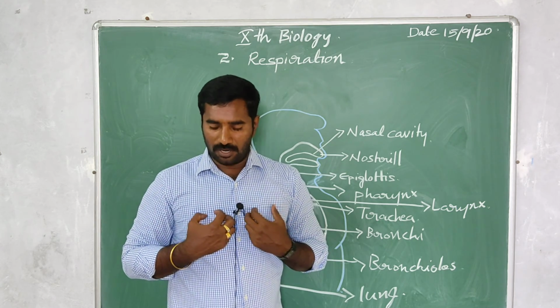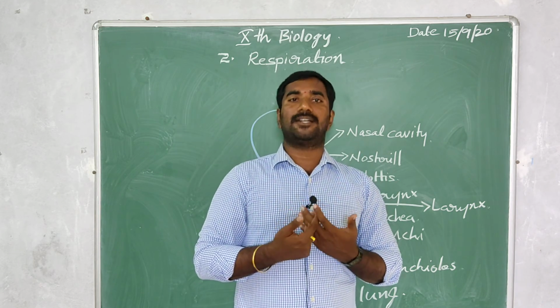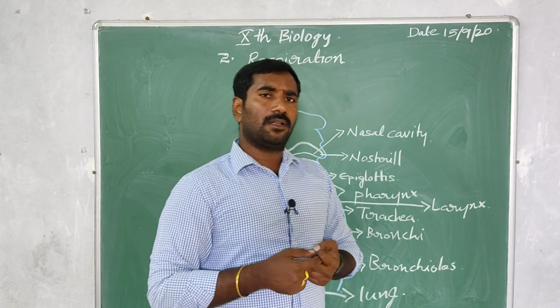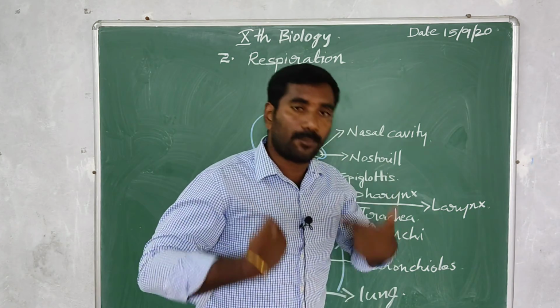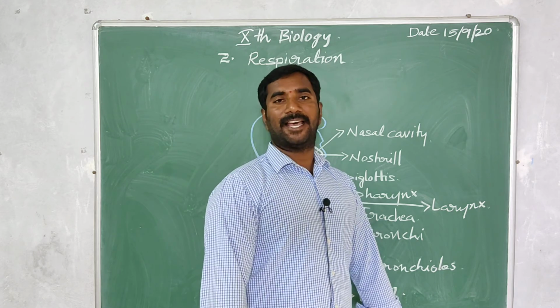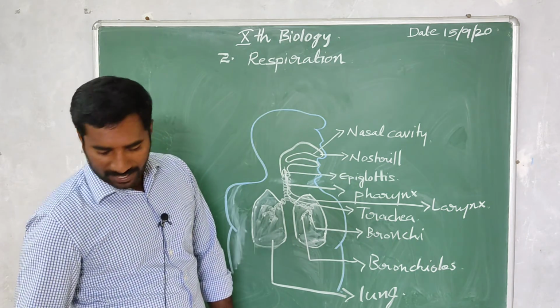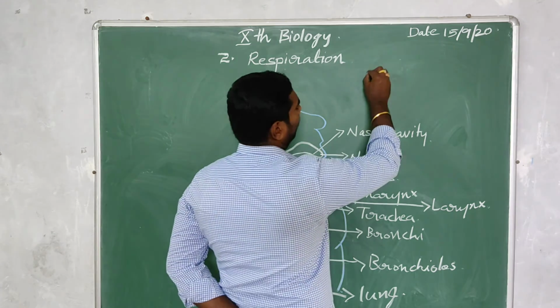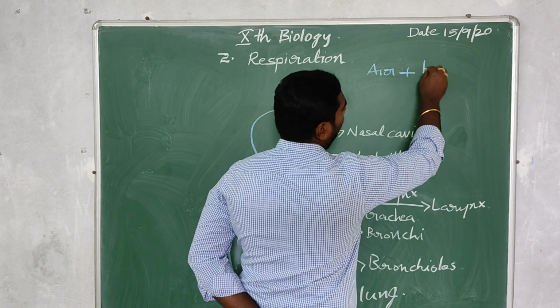Let's discuss. Now the third step: gas transport by blood. For example, when we take air in through the mouth, it has to reach the entire body. How does it reach the entire body? Here we have to discuss the air. Air has to combine with blood.